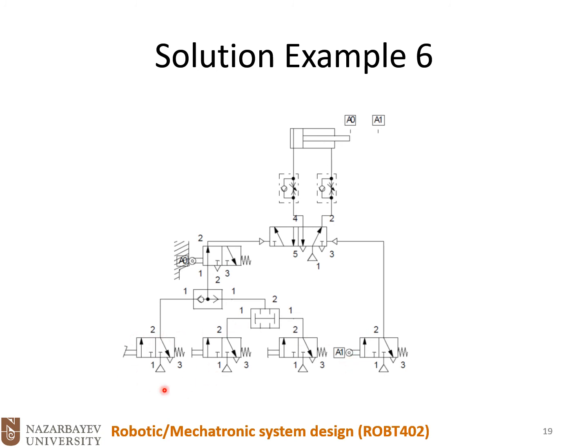What is the alternative to this manual one? These two push buttons should be pressed at the same time, because we have this AND valve here, and when we press both of them at the same time, it will activate the system, and the system will start working and going back and forth automatically.